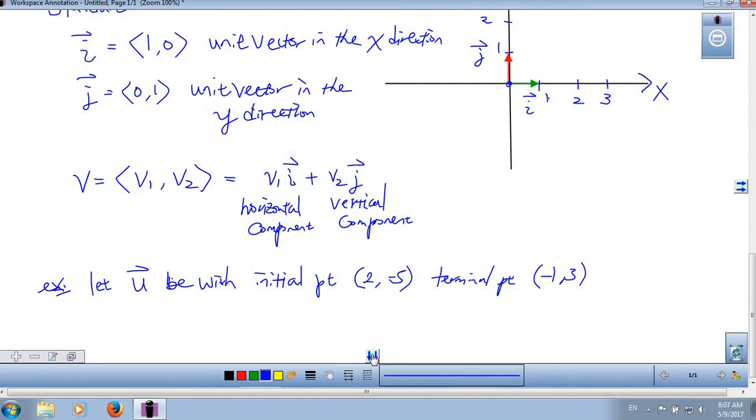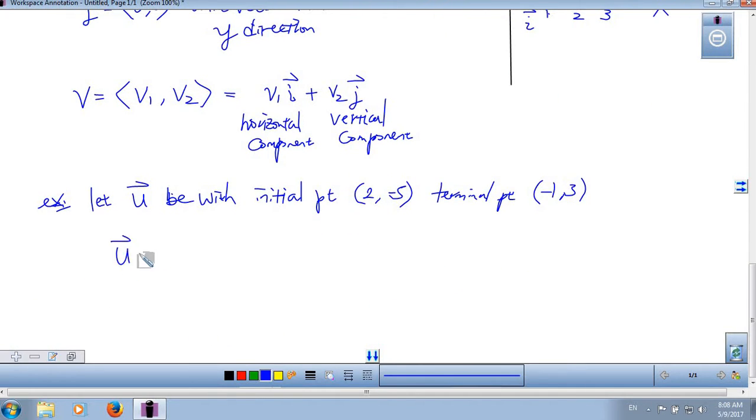So let's go ahead and find its component. So U would be equal to -1 minus 2, in our component, and 3 minus -5. That's how we would do it, by subtracting the initial point from the terminal point to find its component form. So the component would be -3 and 8.